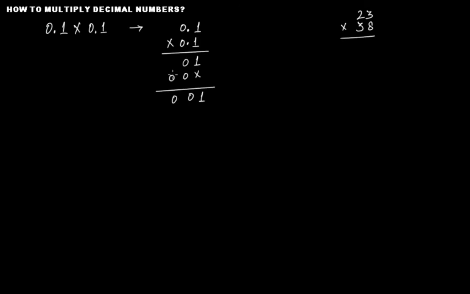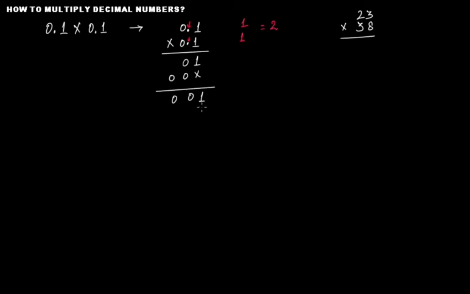Now take this first decimal point. How many digits do we have after the decimal point in this decimal number? We have 1 digit, that is 1. How many digits to the right of this decimal point do we have in this number? Again we have 1. So 1 plus 1, that is, we have total 2 digits after the decimal point in these two numbers, 1 here and 1 here.